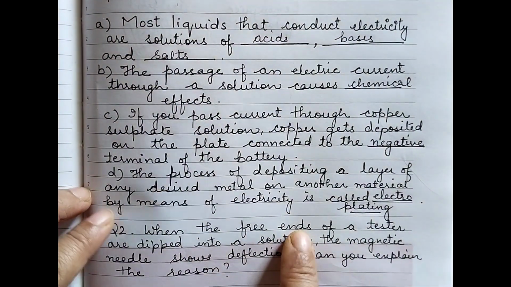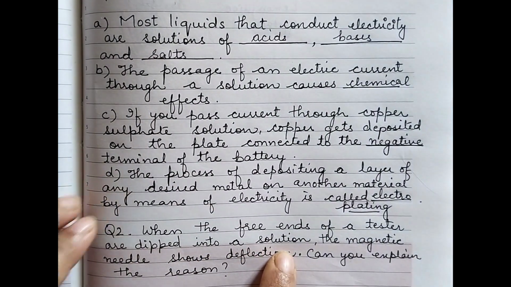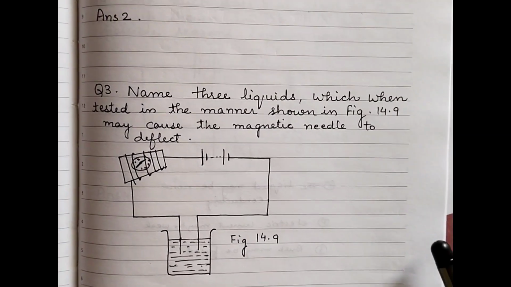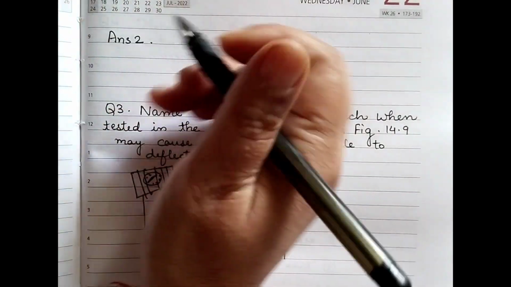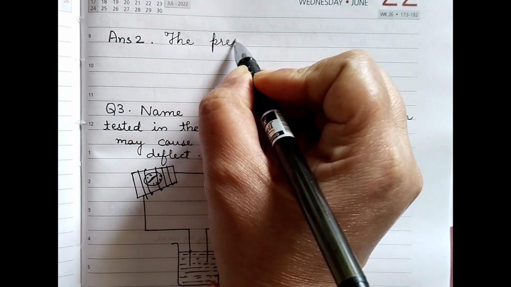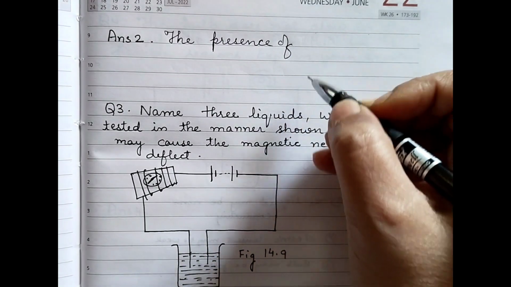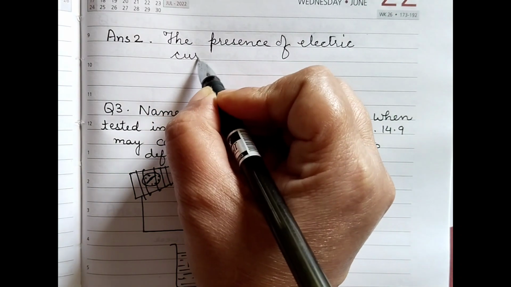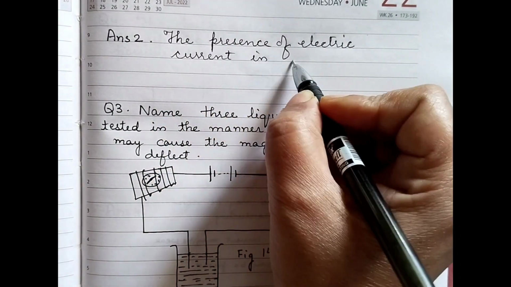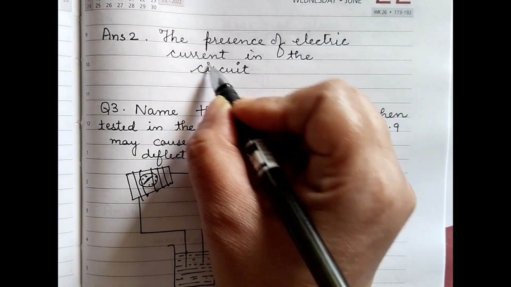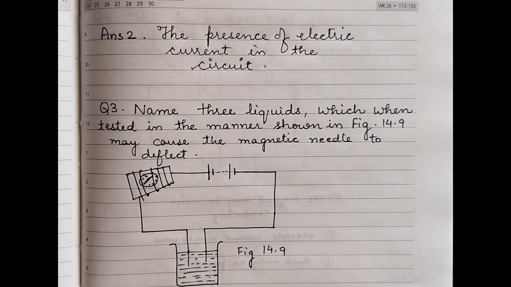It means that the presence of electric current in the circuit. Deflection of the needle shows the presence of electric current.